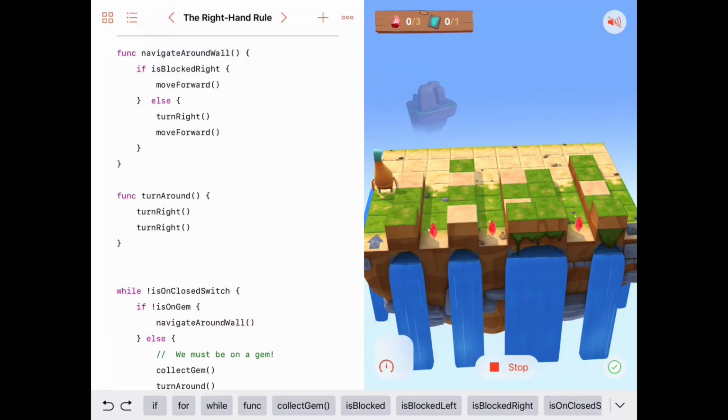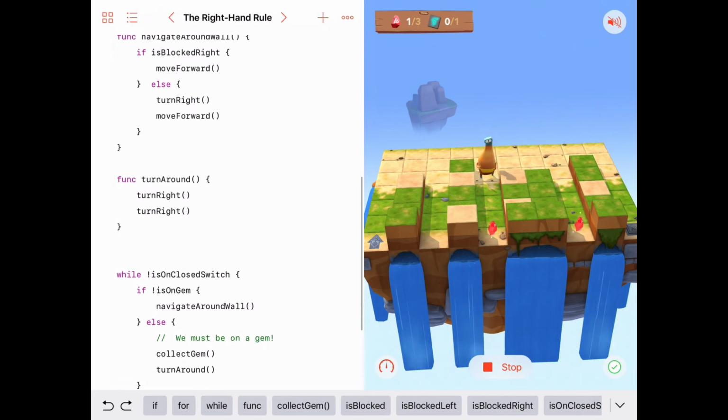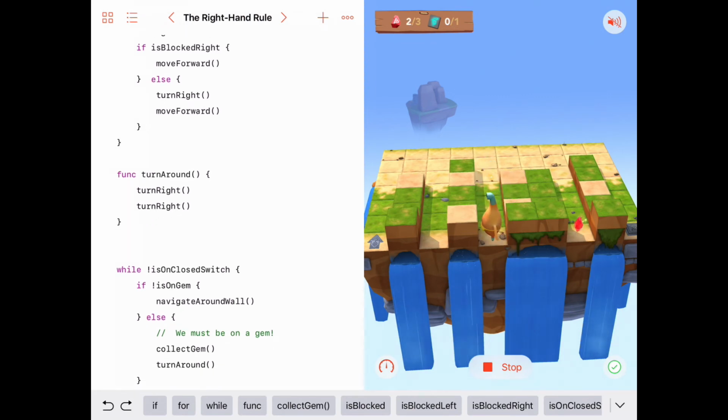Run it a little faster. And there, when we are on a gem, this if statement will happen where we'll collect the gem and turn around. Okay, here we go. Keep going. Still not on a closed switch, so he's navigating around the wall.